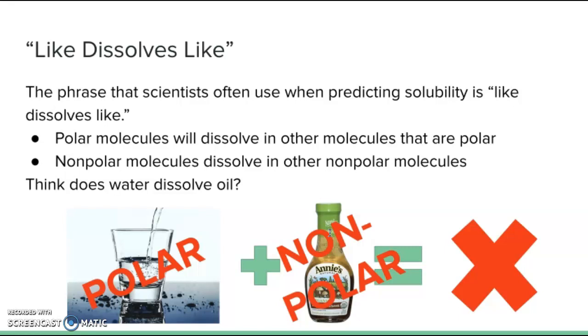So when I add polar and nonpolar together, they can't dissolve in one another. So the shapes of molecules help determine the polarity of our molecules, which helps determine if a reaction or a mixture can even happen. So like dissolves like is why we need to know this.